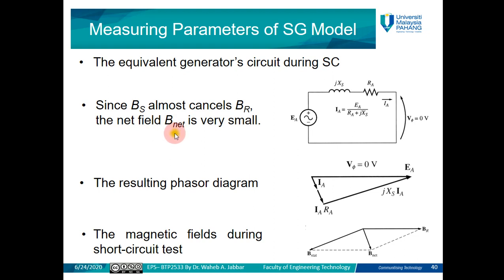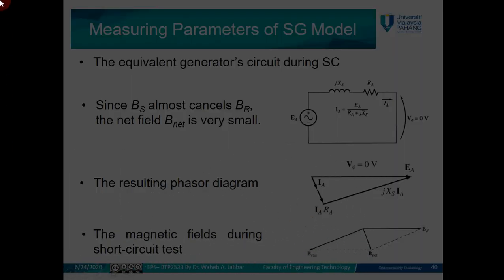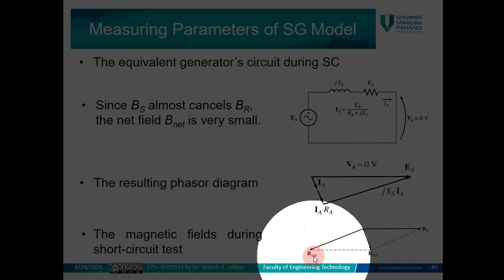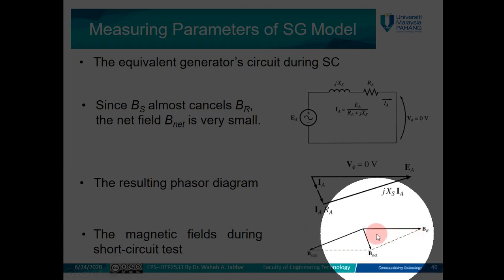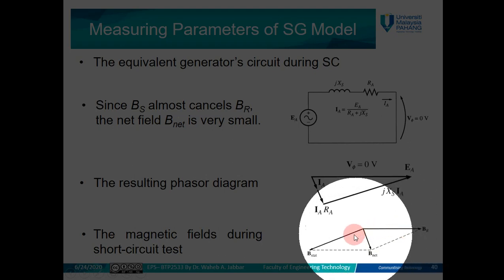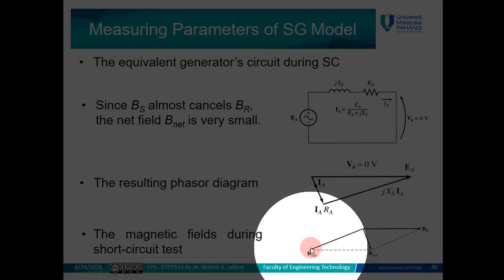The B net value, or the net magnetic flux in the armature winding, is the B net. As we can see from this graph, B net is in the middle, and here we have B stator in that direction and B rotor in the other direction. So this will be the B net, and it actually depends on the value of the magnetic flux that comes from the rotor and the magnetic flux that comes from the stator.